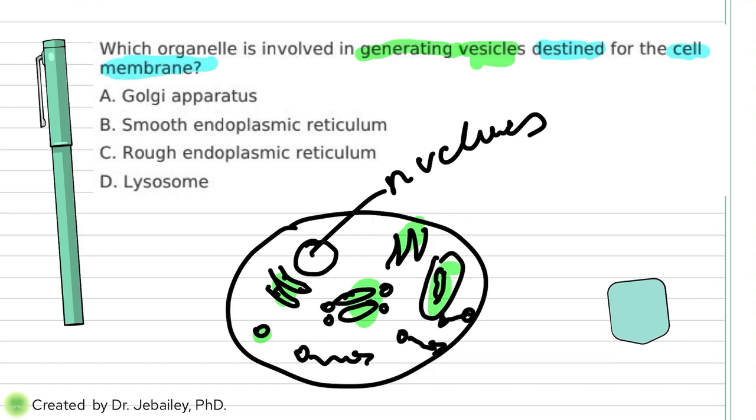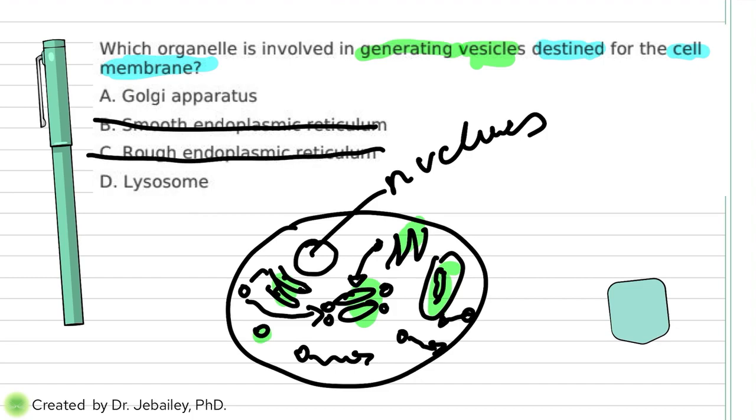So let's get it clear here that whenever there is a vesicle popping out of the rough ER, that vesicle is always going to go to the Golgi. And whatever vesicle is popping from the smooth ER is always going to the Golgi. So you already can cancel the smooth and you can already cancel the rough. These two are not sending to where? They are saying it wants to be sent to the plasma membrane, or should I say the cell membrane. So those two are out.